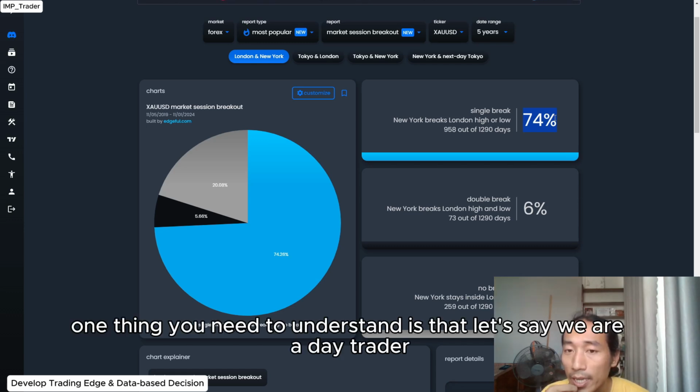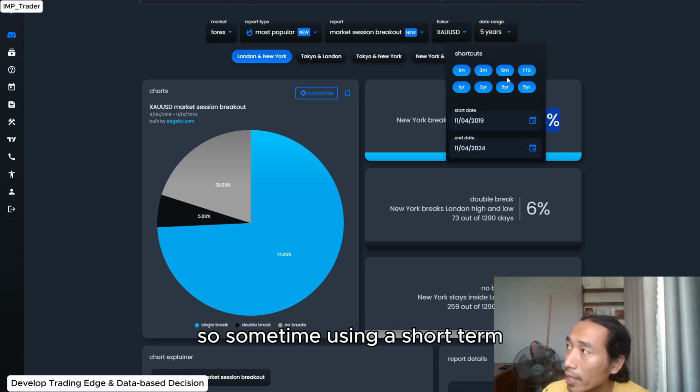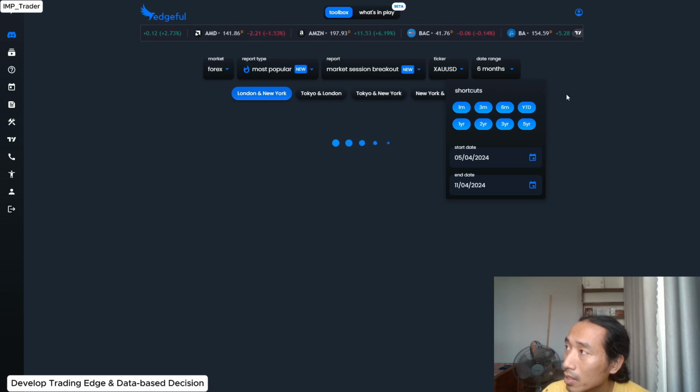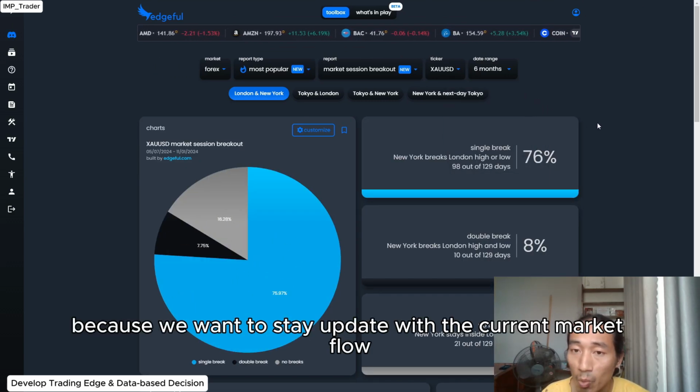One thing you need to understand is that, let's say we are a day trader, so sometimes using a shorter data set is more favorable because we want to stay updated with the current market flow.